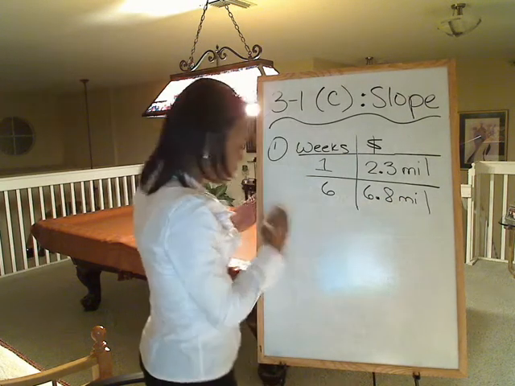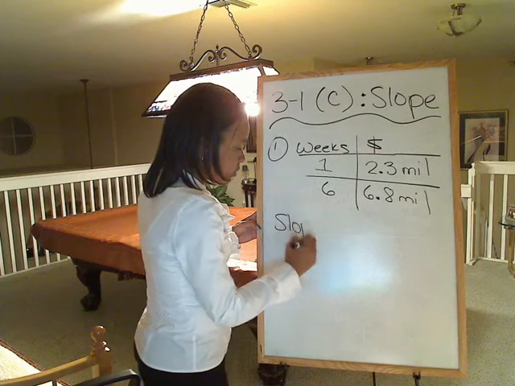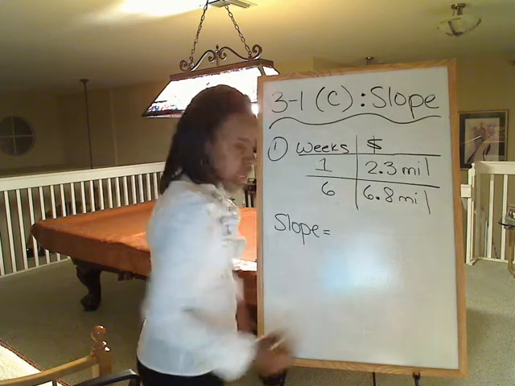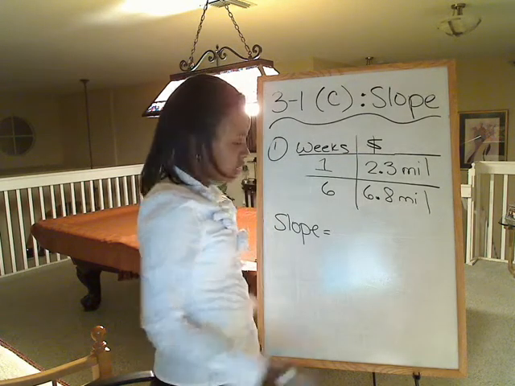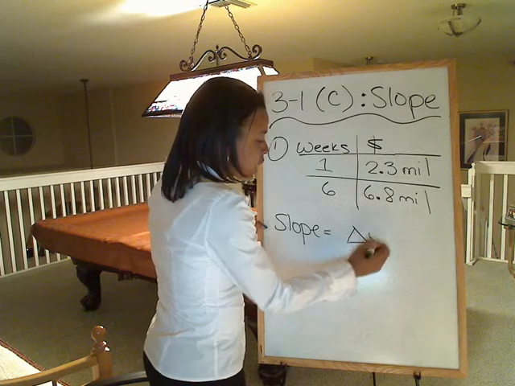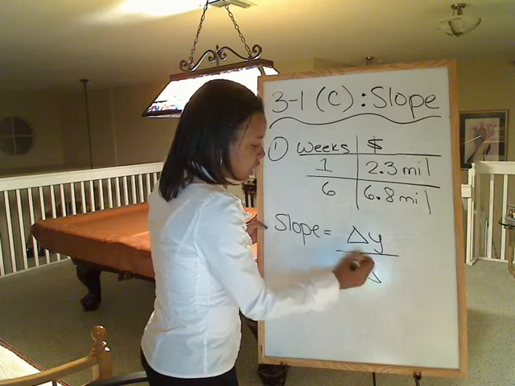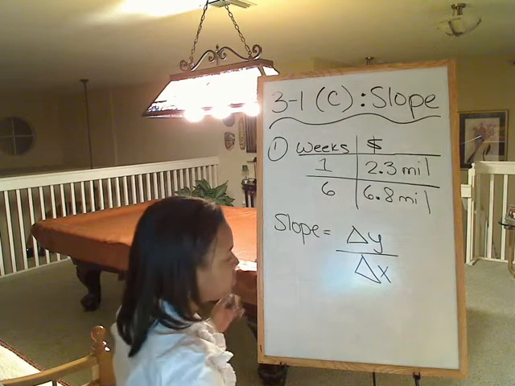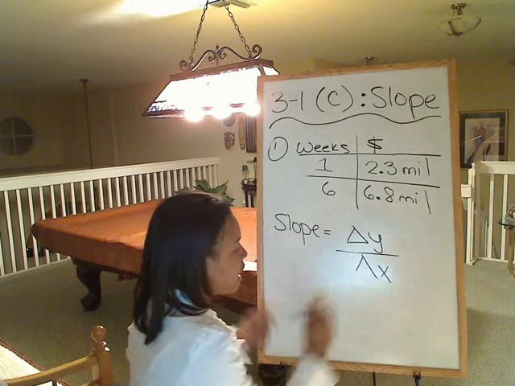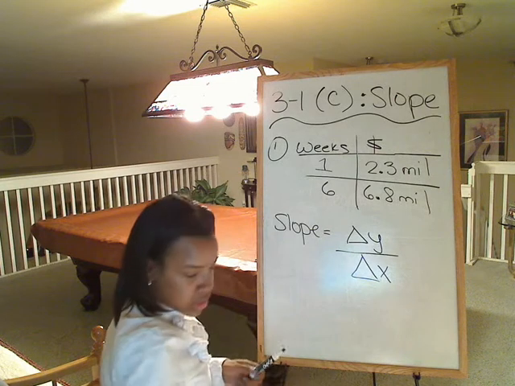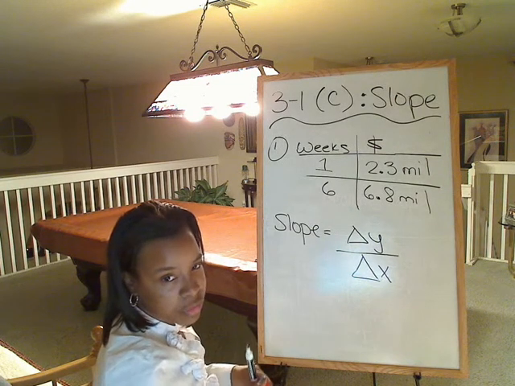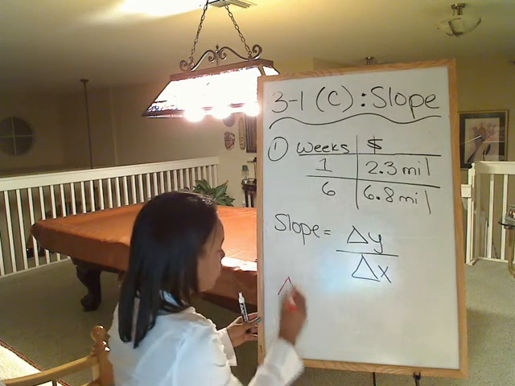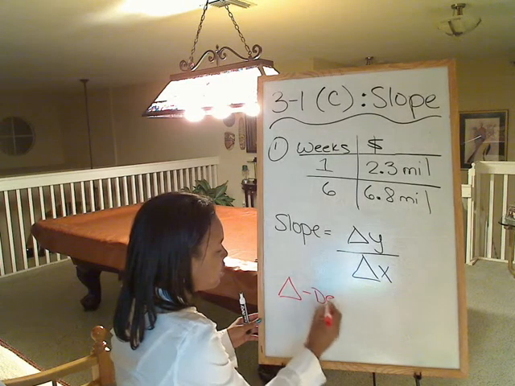Okay, so we're going to find the slope. And to find the slope is very easy. You do the change in the y's over the change in the x's. Now, you're probably wondering why I drew those triangles. In math, and this is just a little FYI, this triangle is called delta.